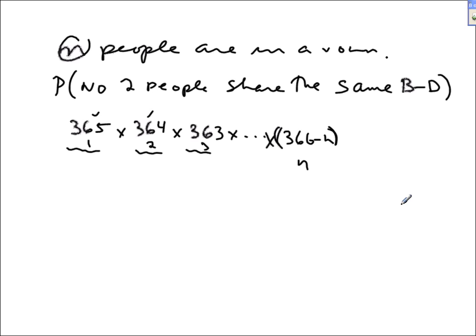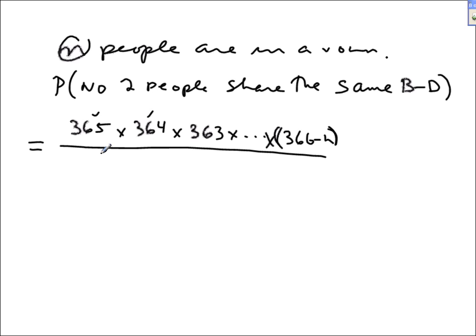Okay. That's the number of favorable outcomes for two people in a party of n people to have different birthdays. Now I need to divide this by the total number of outcomes.